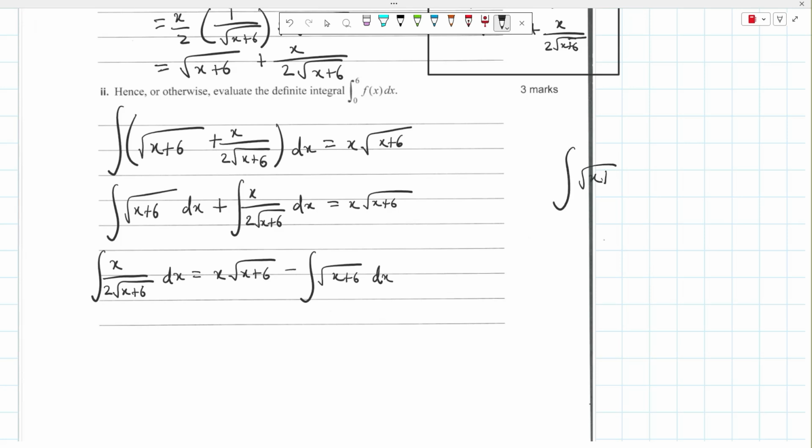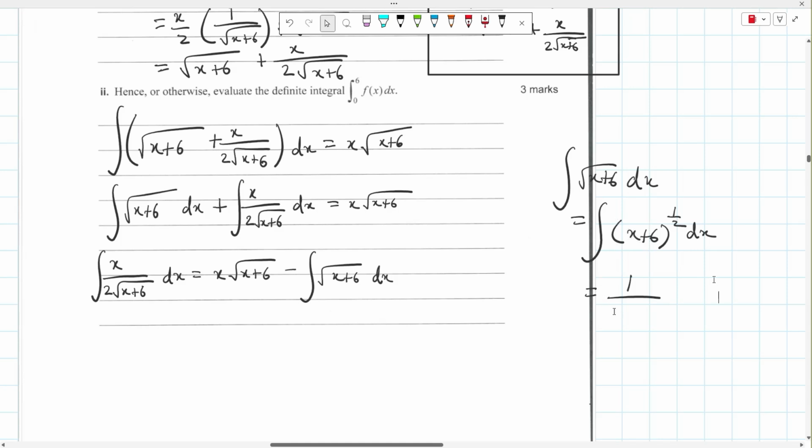So the integral or antiderivative of square root of x plus 6, we can rewrite as the antiderivative of x plus 6 to the half. And how do you do that? Well, it's going to be 1 over whatever is in front of the x, which is just 1, times n plus 1. N is this number right here. So half plus 1.